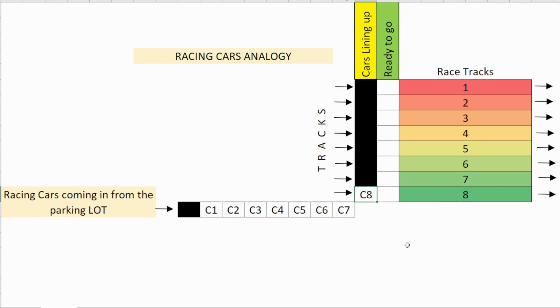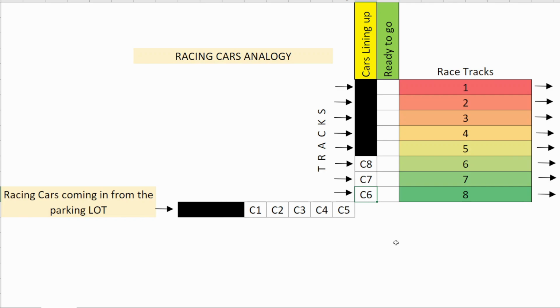Let's bring in the second car. Now you saw that when car C7 came into the tracks, it shifted C8 up so that the space could be made for C7. Similarly, if I bring in another car, it will occupy the space of C7 and C7, C8 will move up.